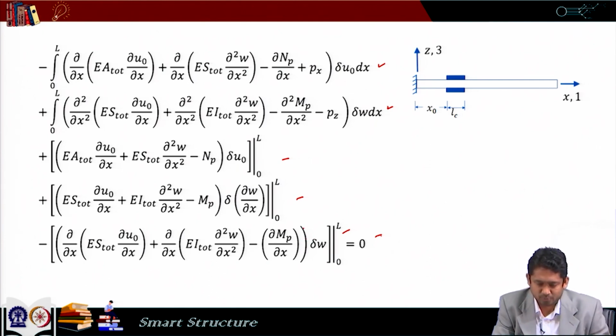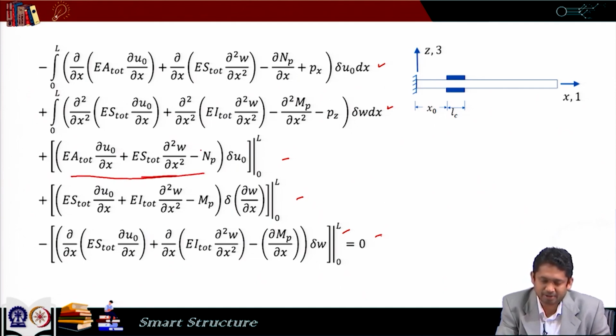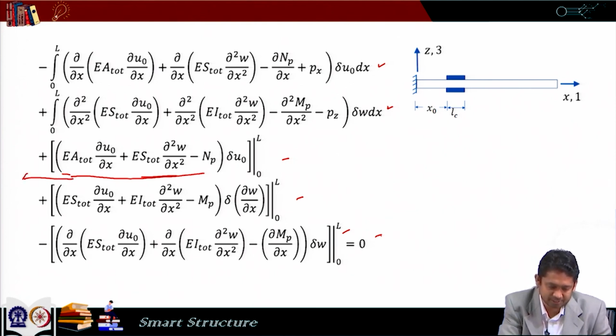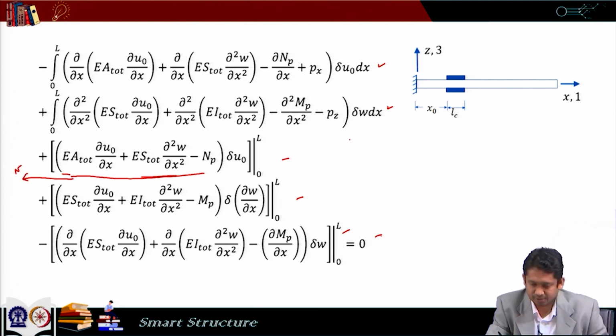Now, if we look at these boundary terms, we can see that this is nothing but our normal force N. So, this thing inside the bracket is normal force N. Why?